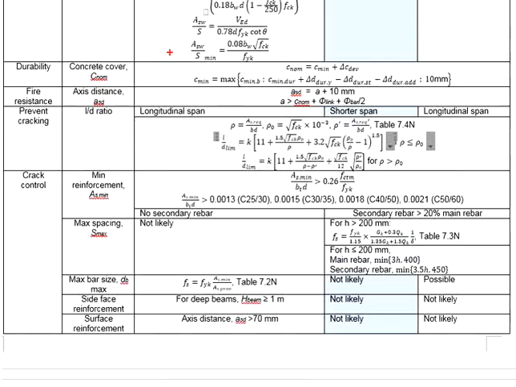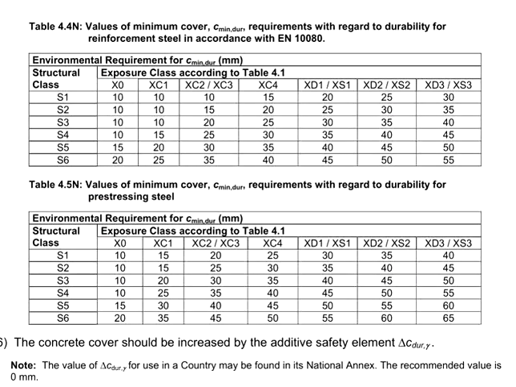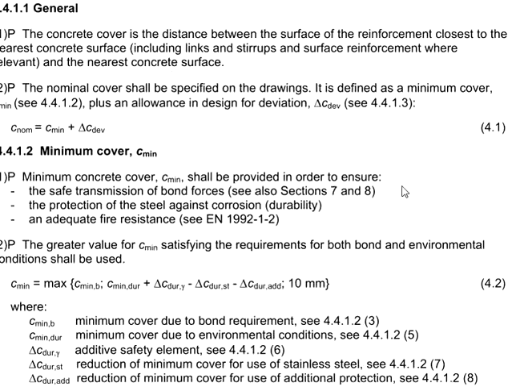Now, if you observe the calculations for the nominal cover, if you design the nominal cover based on the requirements in Eurocode 2, referring to Table 4.4N, the largest Cmin due to the durability will be 55 mm. Taking into account the deviations, the Cnom will be 55 plus 10.